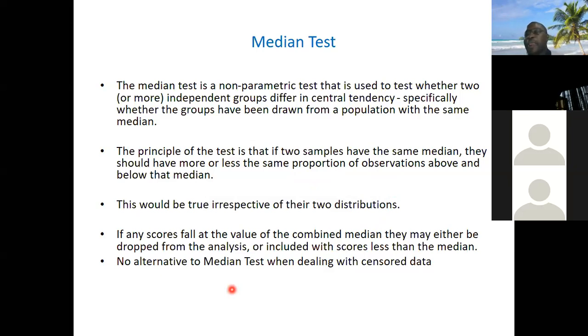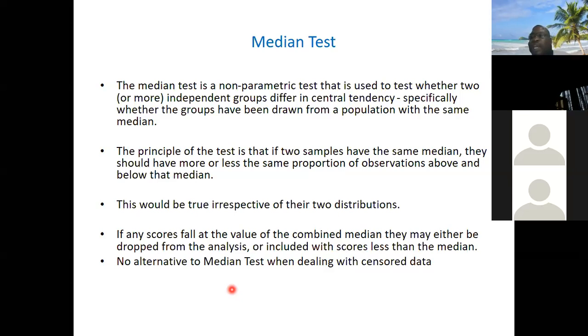What he's saying is that if two groups have the same median, and you merge all of them together and rank them, that common median should be the same median, or not far from the median they each have. Each of them should have equal proportion above and below that unified median.